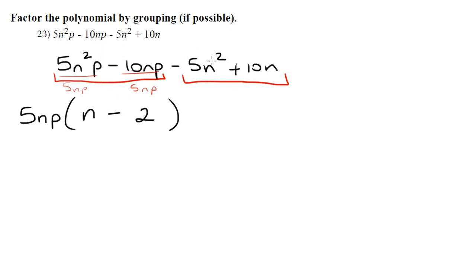And one of the things that might go wrong is, you see how this leading term here is negative? Negative 5n squared? Your GCF, your greatest common factor, has to have a negative in it. Minus. And my greatest common factor here should be 5n. And again, I'm dividing by 5n.